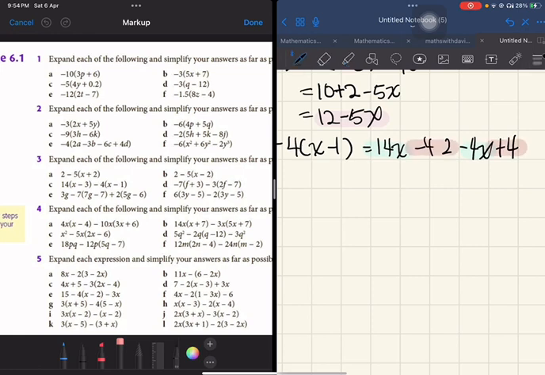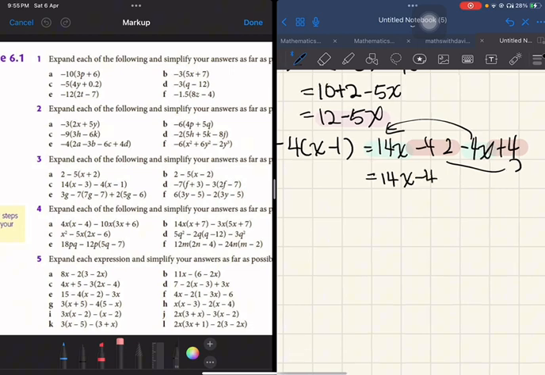So moving this here, then moving this one here, you get 14x minus 4x minus 42 plus 4. You get 10x minus 38. Okay, that is the final answer.